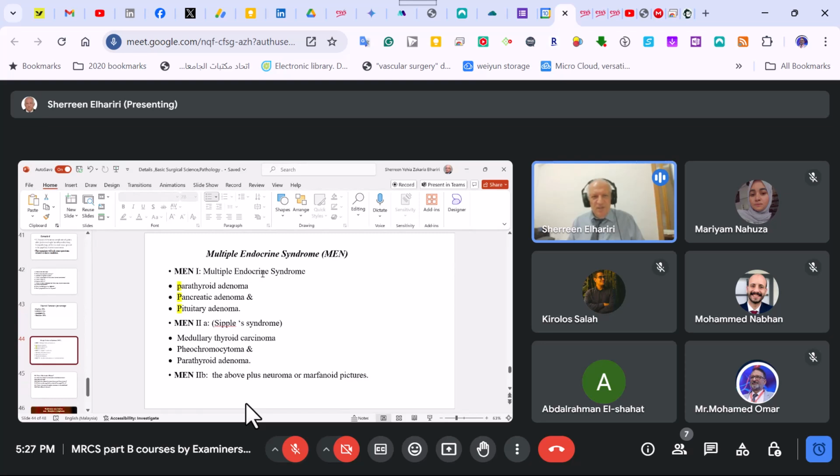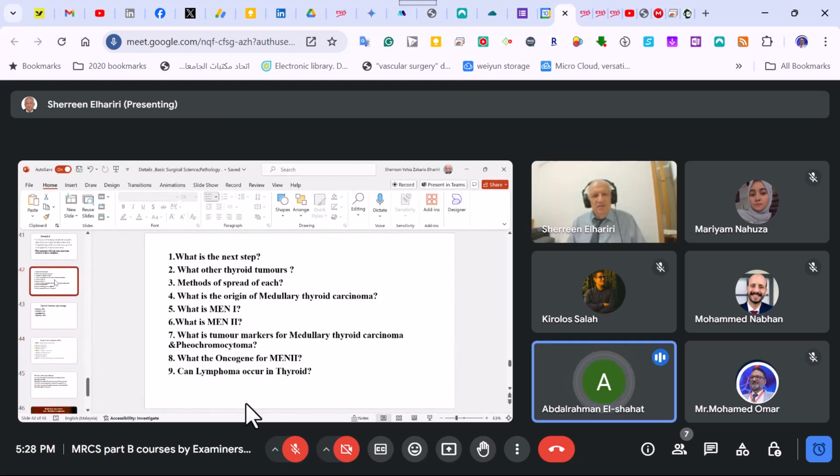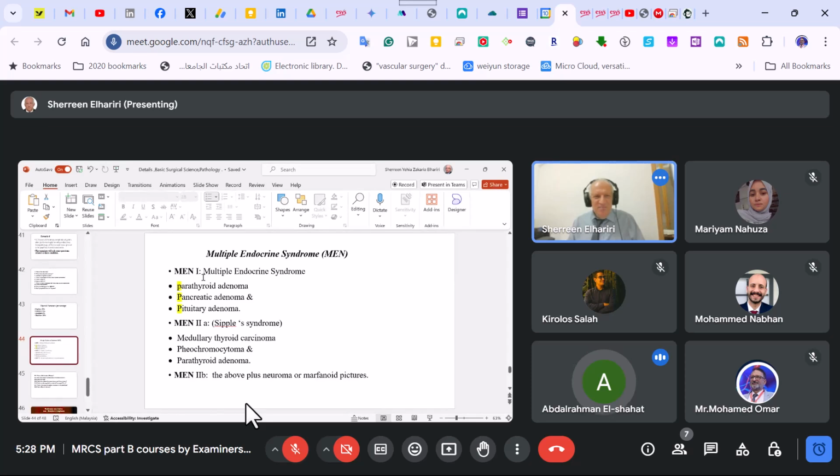Multiple endocrine neoplasia 1 and 2. What is this disease? What does it mean? Multiple. Autosomal dominant disease characterized by... No, it is not autosomal dominant. Autosomal dominant is 2. We just need to know. Okay. Combination of pancreatic tumor, pituitary adenoma, and parathyroid hyperplasia.